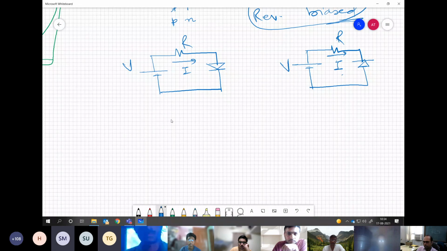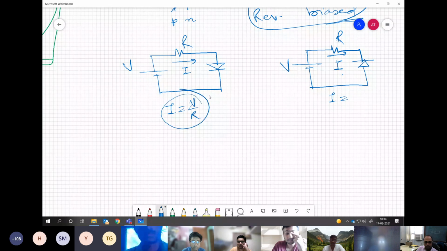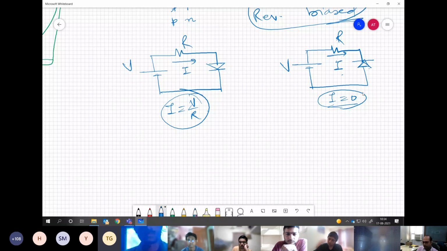In the first it is V by R and in the second it is 0. Why do you say that in the first one it is V by R and in the other one it is 0?